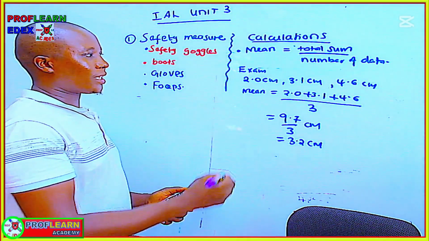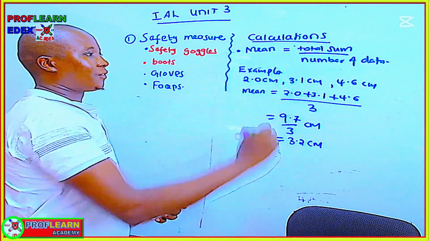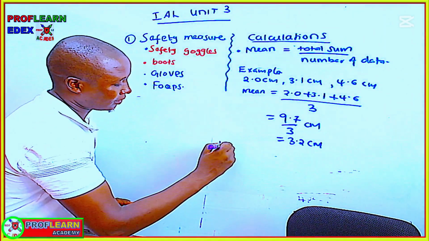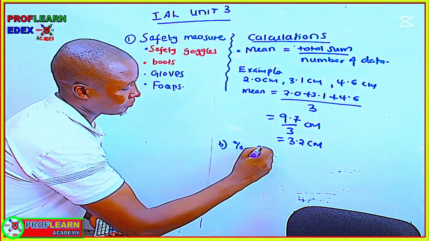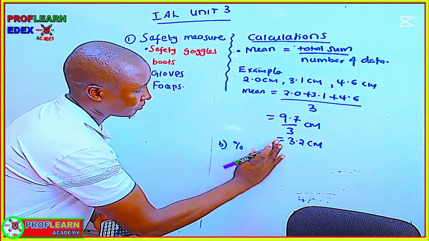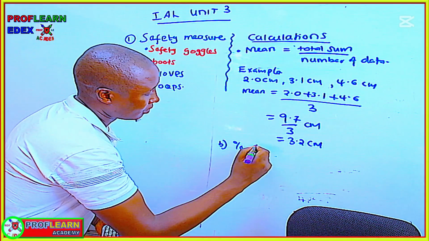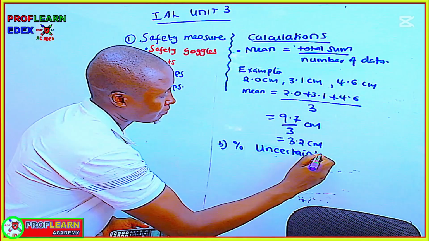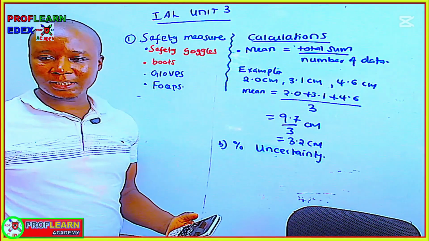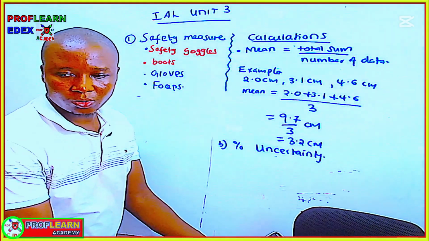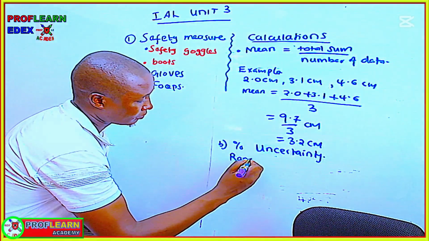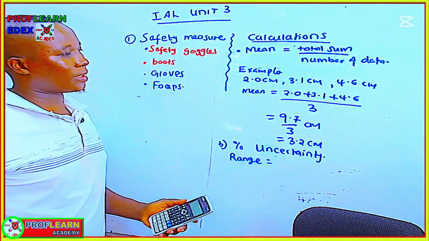So another question that can arise from here is to calculate percentage uncertainty. To calculate percentage uncertainty, what you need to do in this case is first to work out the range of the data that we are given here.